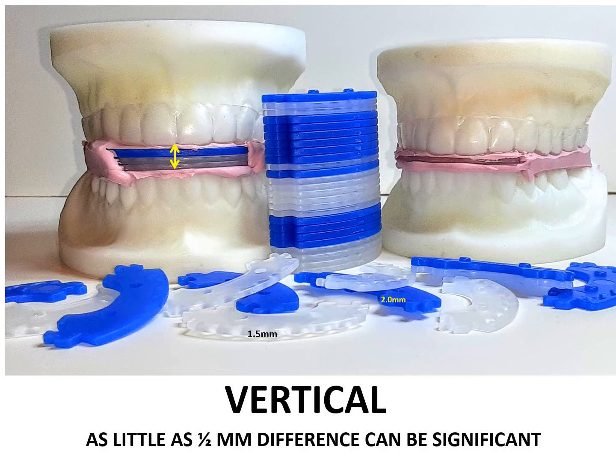coincide exactly. Vertical is a very sensitive component as well to achieve airway dilation. Combining shim sizes can make a difference of a ½ millimeter in vertical dimension. This is important. The blue shims are 2 millimeters thick, the colorless ones are 1.5 millimeters thick.